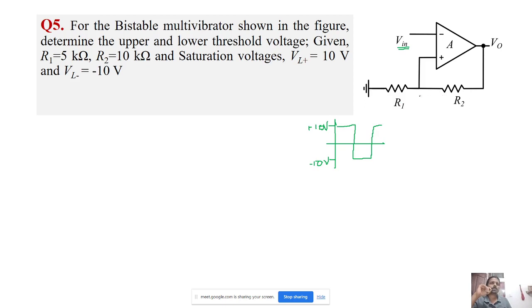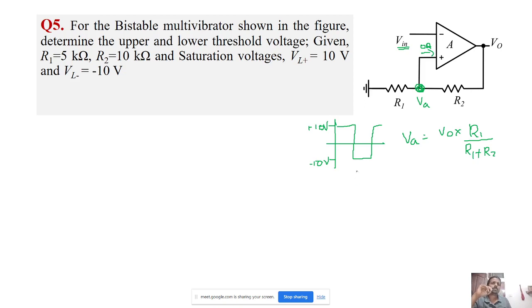How will we find it? We just need to check the voltage at this point, which we'll call VA. Since it's a potential divider and we assume it to be ideal with zero current, VA will be equal to V0 into R1 by R1 plus R2.